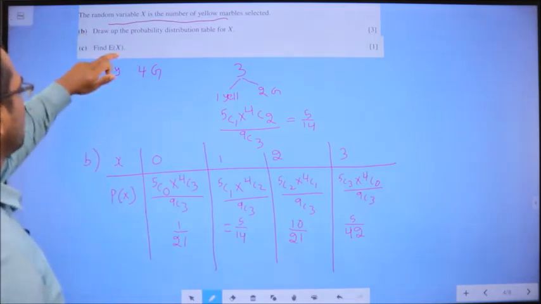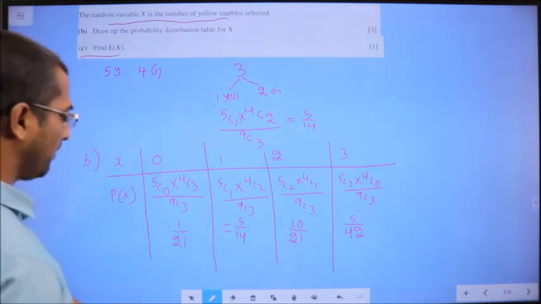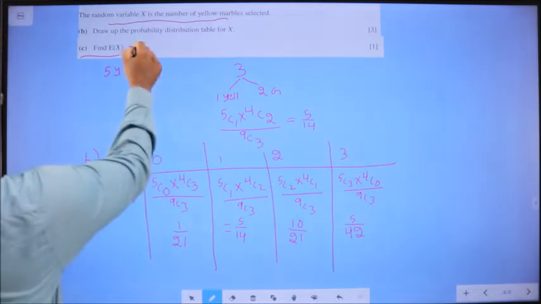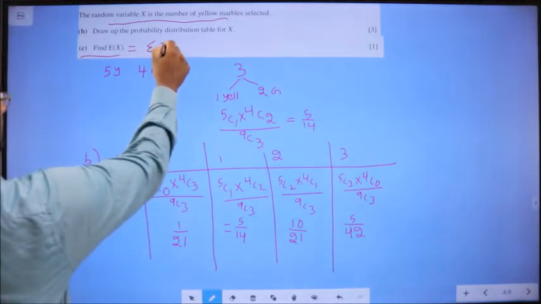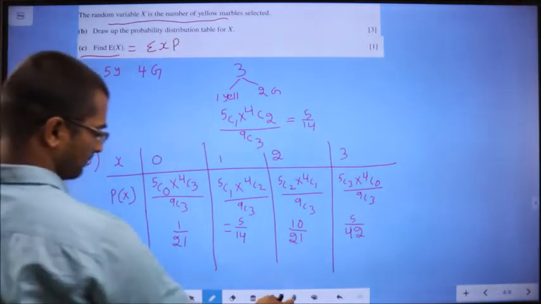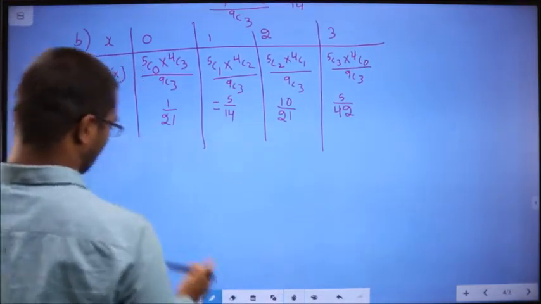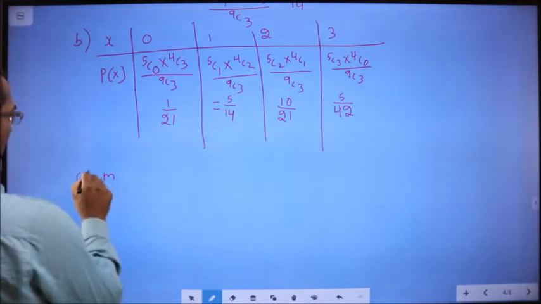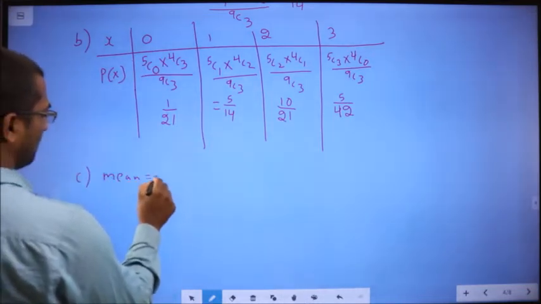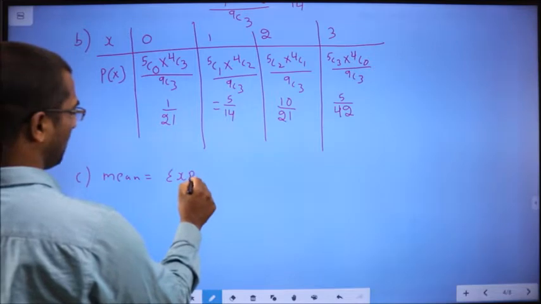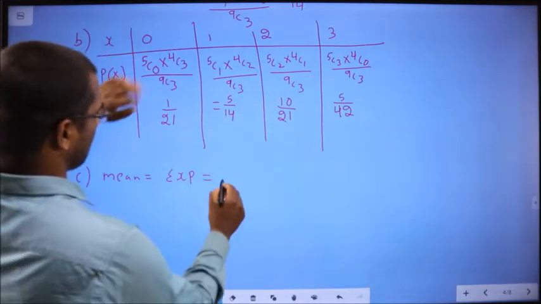Next, C. Find E of X. E of X formula is sum of X into P. So mean is equal to sum of X into P. So that is equal to this into this.